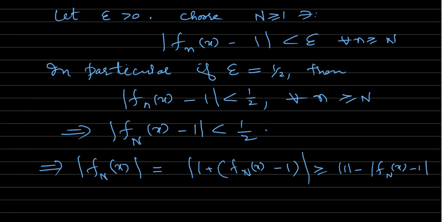Okay, mod of a plus b is greater or equal to mod a minus mod b, or mod of a minus b is also greater or equal to mod of a minus mod of b. That's equal to 1, mod of 1 is 1, minus mod of fn x minus 1. Name it here 1. Okay, but this mod of fn x minus 1 is less than 1 by 2, so minus times mod of fn x minus 1 will be greater than minus 1 by 2.